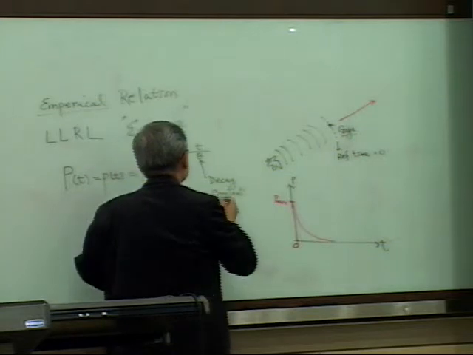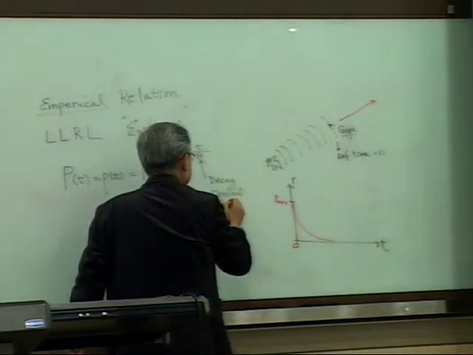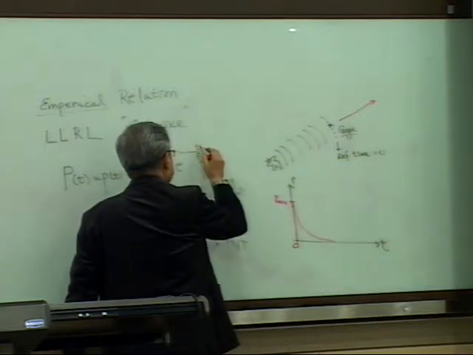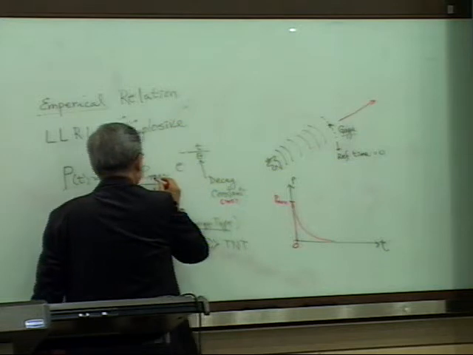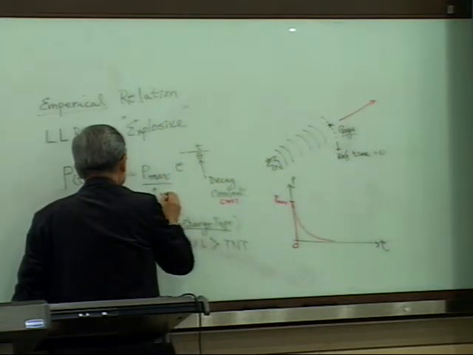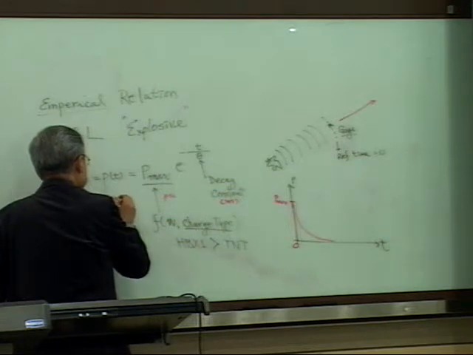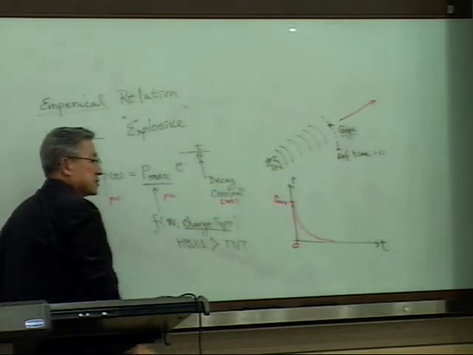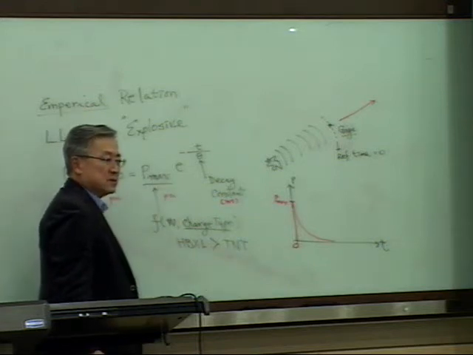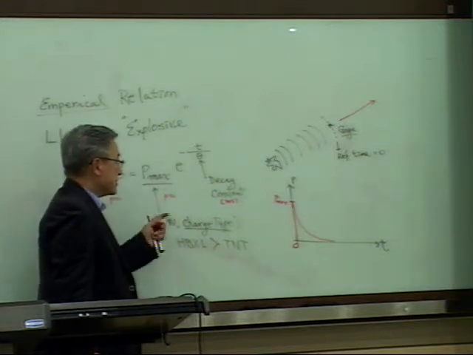Decay constant, of course, is in milliseconds, and t is in milliseconds. P max will usually be in PSI, and this will be PSI. It's usually unit dependent, but for this equation it's not, but that's what I mean.